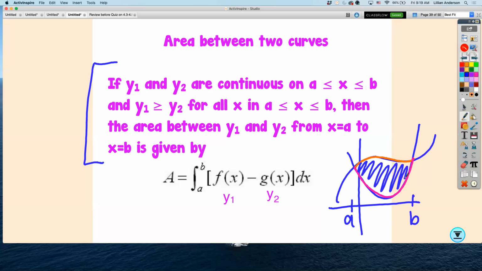But if you're trying to limit it between two curves, then you do the top curve, which will be y1, minus the bottom curve. So top curve, bottom curve, or f and g, and then you evaluate the bounds. It's important to know which curve's on top. You may have to resort to old school graphing of linear equations, quadratic equations, or using your calculator as well.